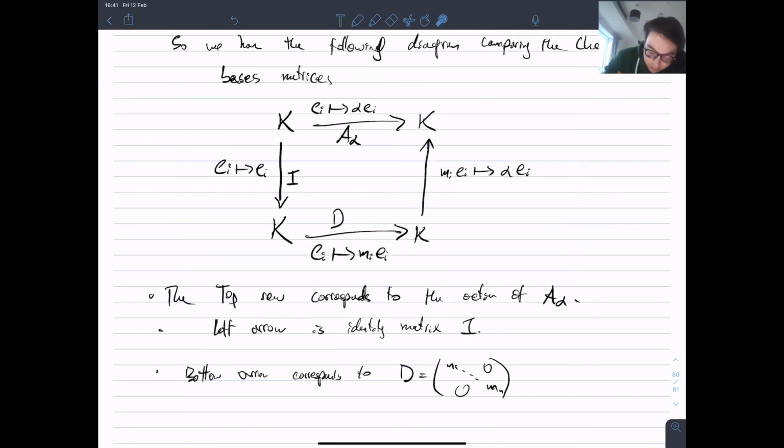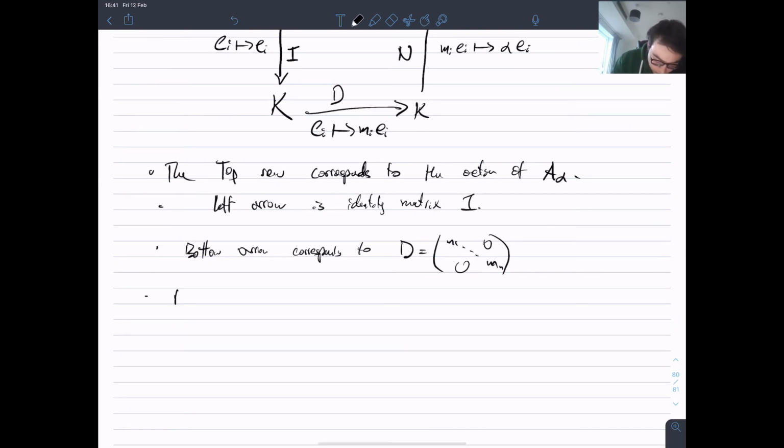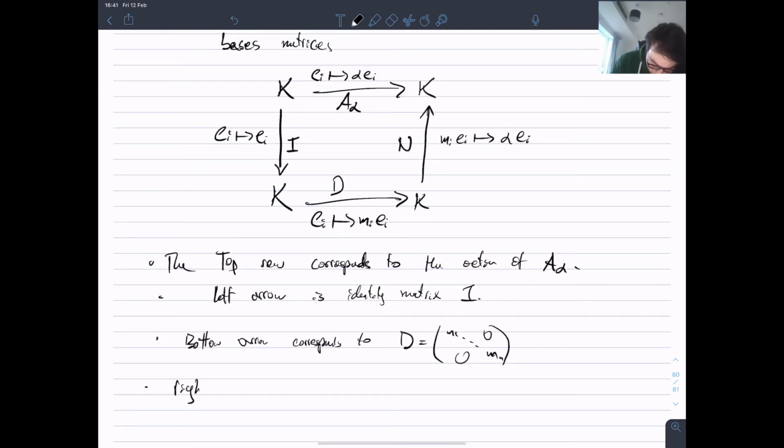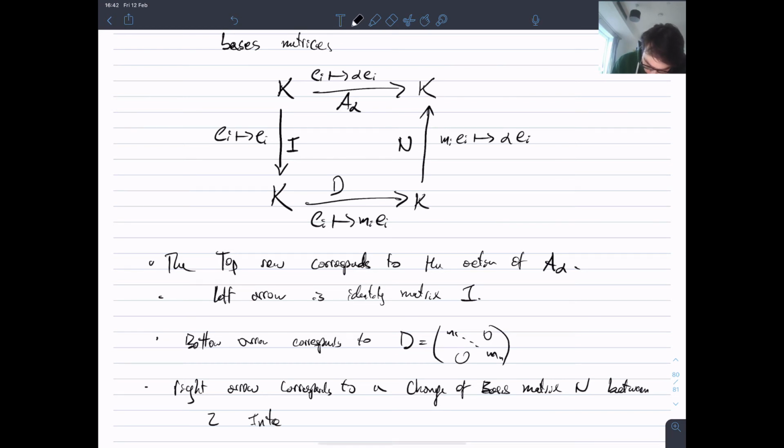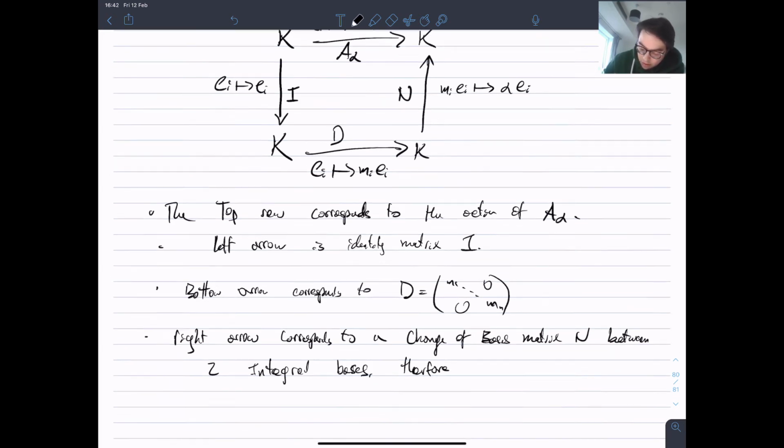If I denote this matrix by N, the right arrow corresponds to a change of basis matrix N between two integral bases. Therefore, we've seen this before.